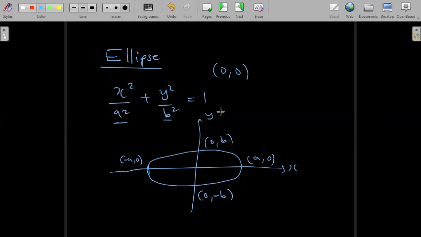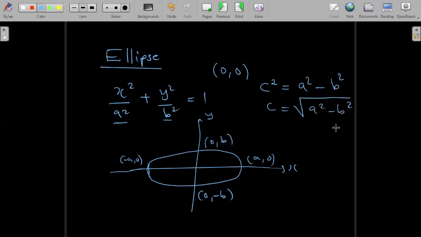Now there's another value which we need to get, which is our c, and that is our focus. Our c is gotten by the equation c squared equal to a squared minus b squared. This is how we get our c squared, and this is how we get our c. So c is just the root of a squared minus b squared.